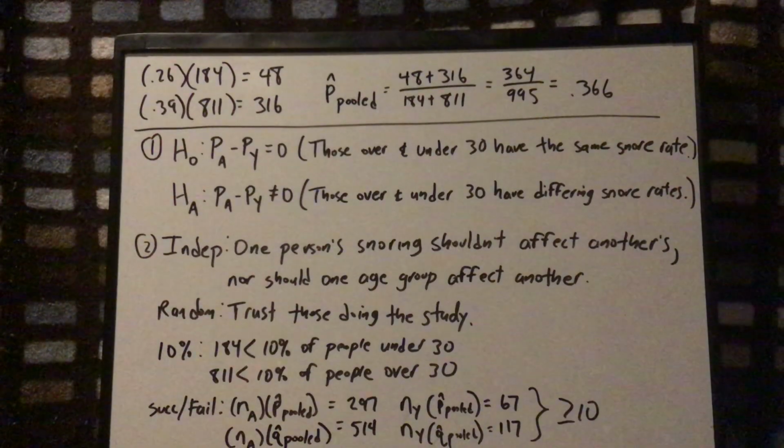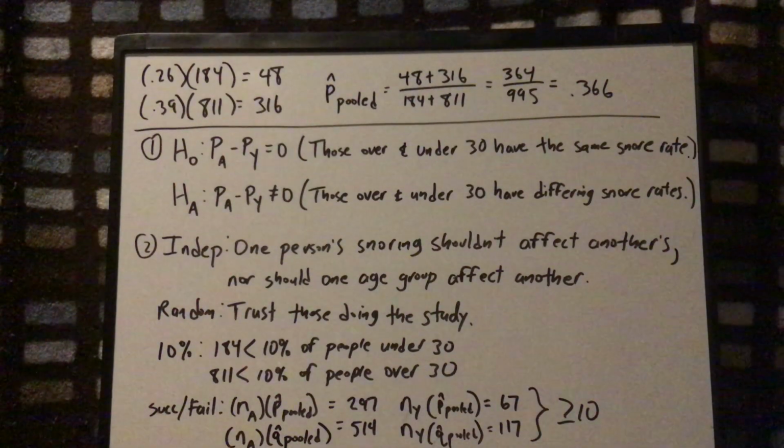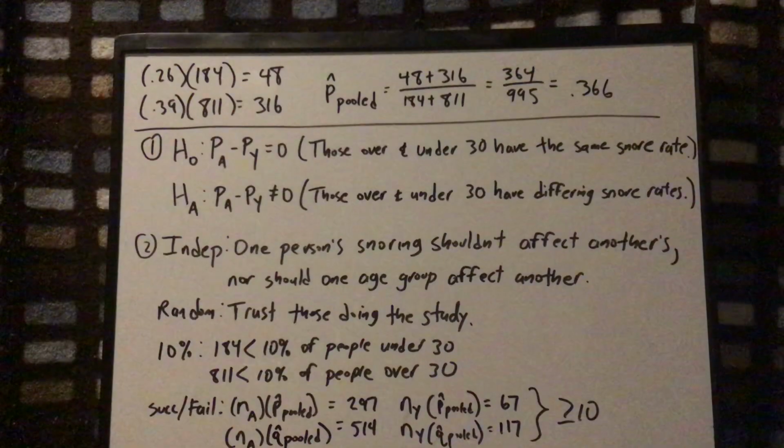The randomness condition, if this were an AP problem, they would probably go out of their way to tell you that it was randomly done or tell you who did it. I'm trying to make the examples not 5 paragraphs long like in the AP problems. So I'm just going to trust the people doing this study. All right. The 10% condition. Once again, it doesn't say who the population is. In an AP problem, they would be a little more specific.